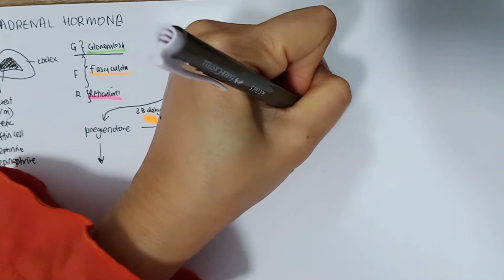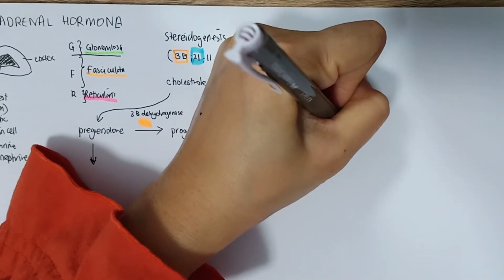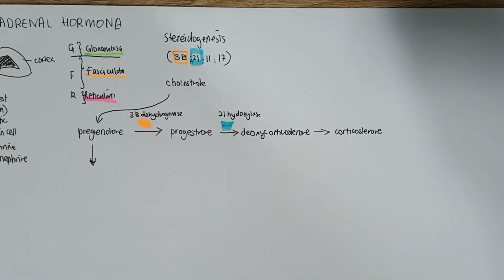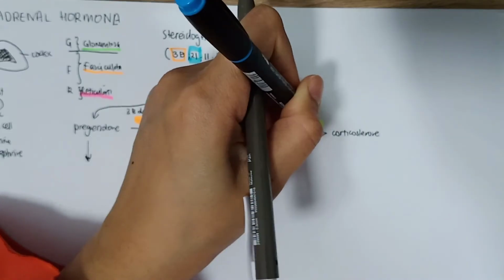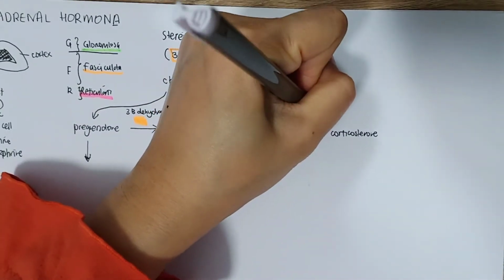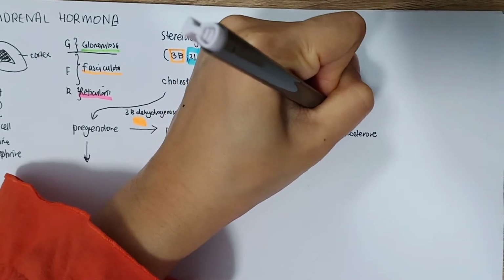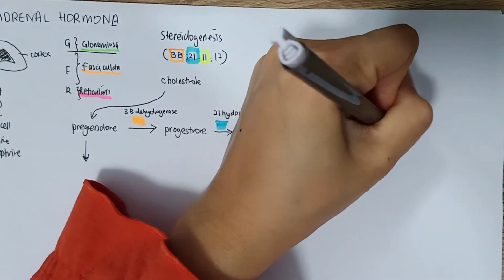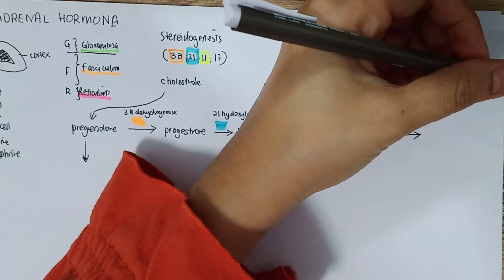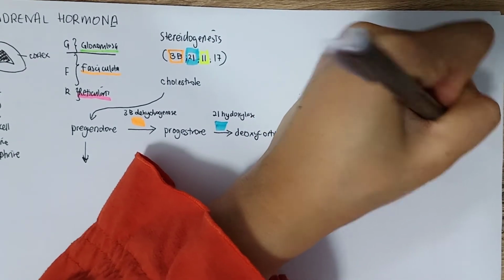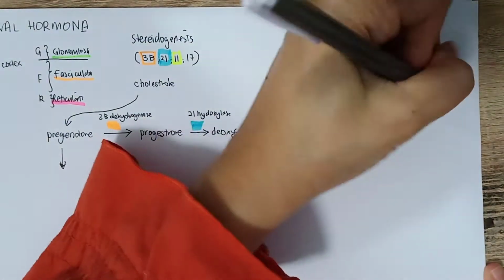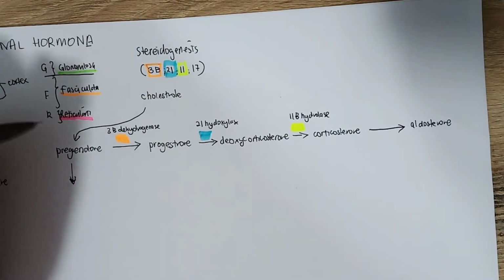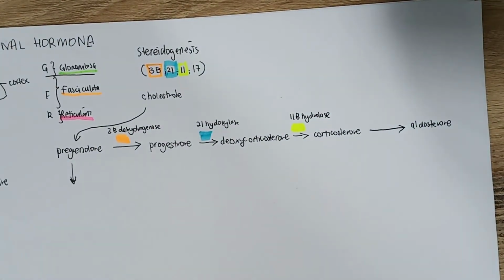And from the deoxycorticosterone, it further converts into corticosterone by the enzyme called 11 beta hydroxylase. So it's here. And from the corticosterone, it will further convert into the aldosterone by aldosterone synthase.